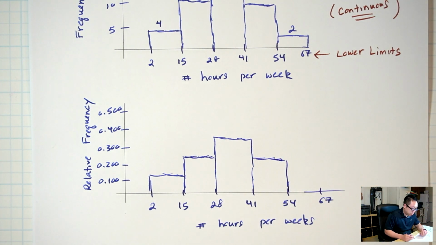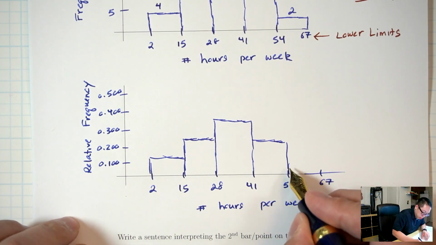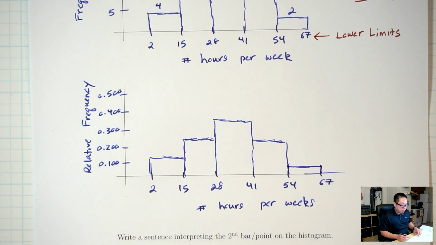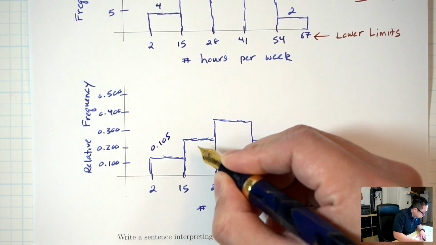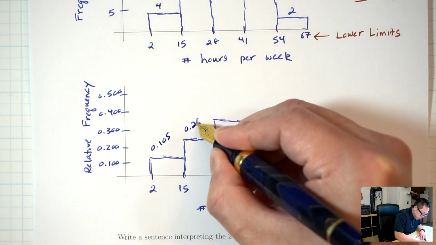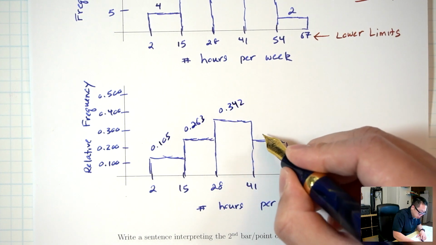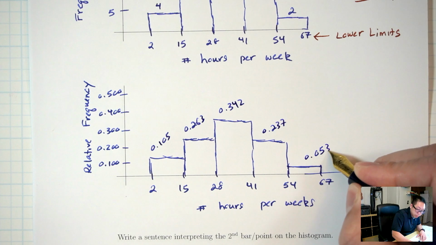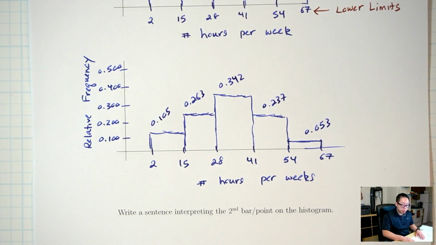And then finally 0.053, which should be below this, somewhere here. And then just like before, let's label the heights. The first one is 0.105. The next one is 0.263. Next one is 0.342. 0.237, and then 0.053. Okay, and that is a relative frequency histogram.